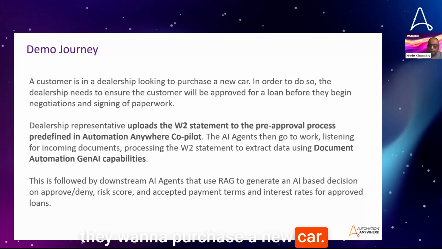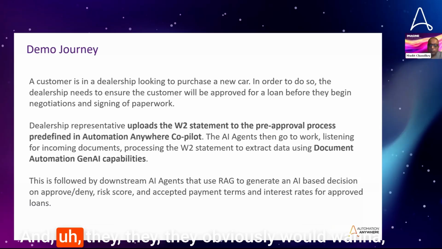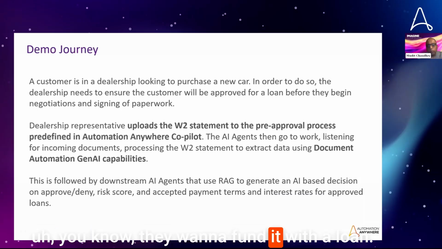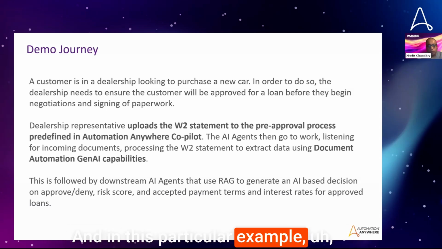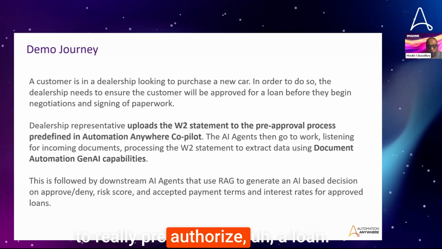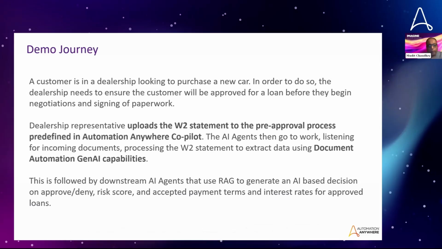They want to purchase a new car, and they want to fund it with a loan. There are certain documents that are usually required for that, and in this particular example, we're using a W-2 statement to pre-authorize a loan.